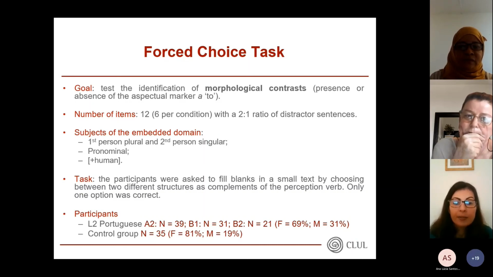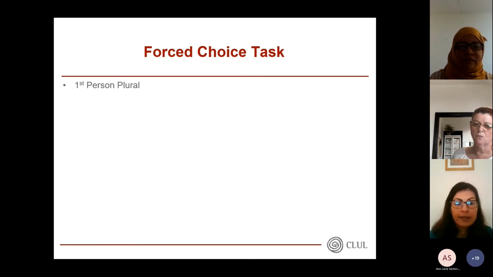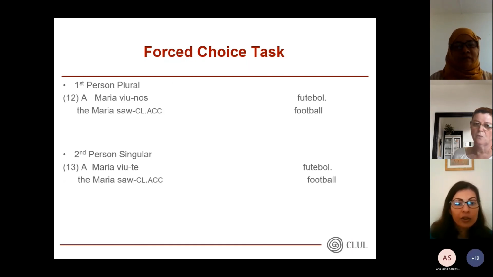We asked the participants to fill blanks in a small text by choosing between two different structures as complements of a perception verb, but here only one option was correct, as we can see in the example. So we had the two conditions, one with first person plural and one with second person singular.